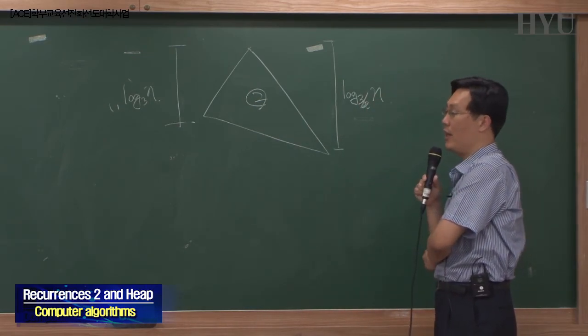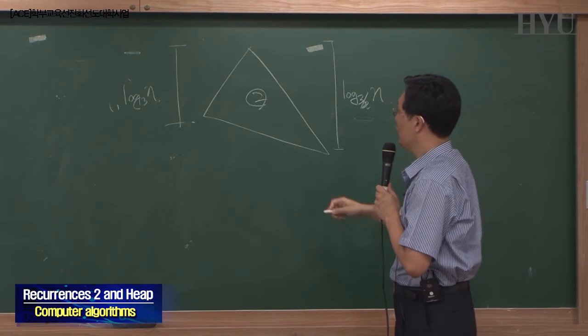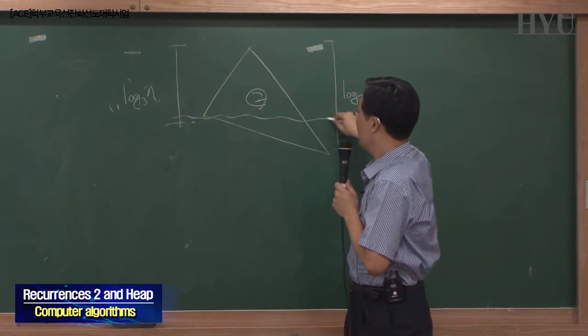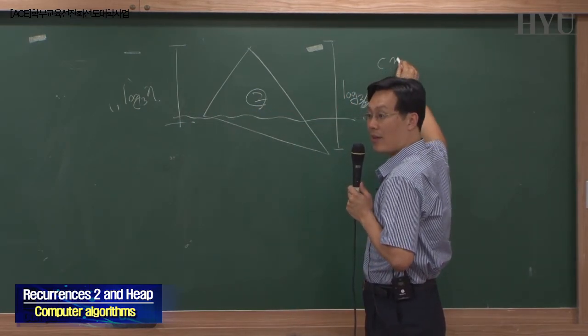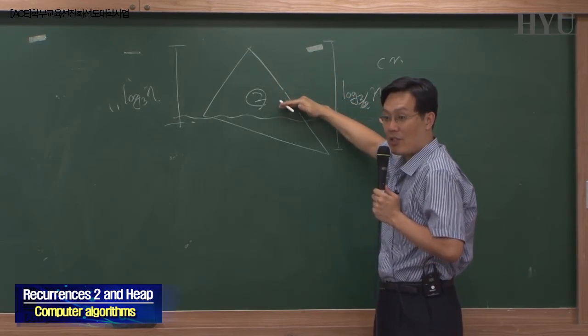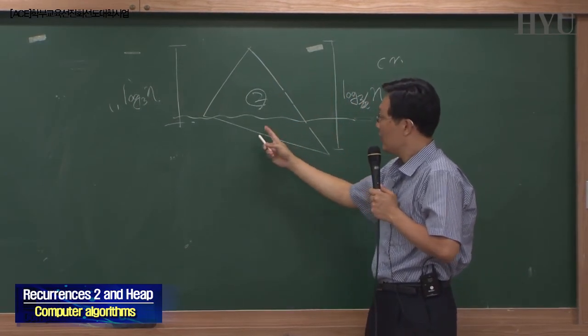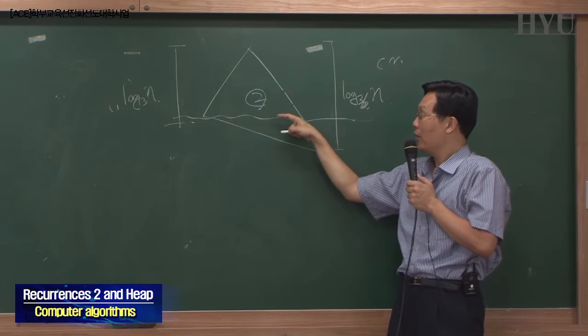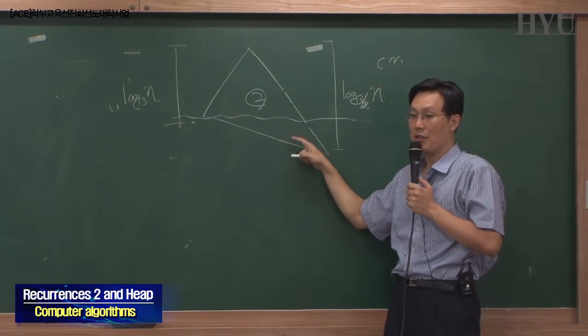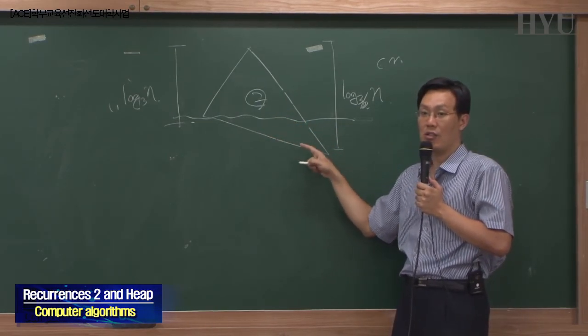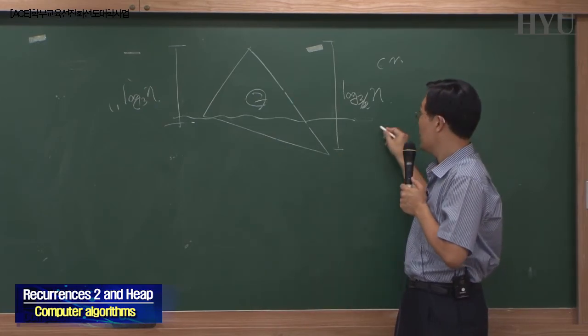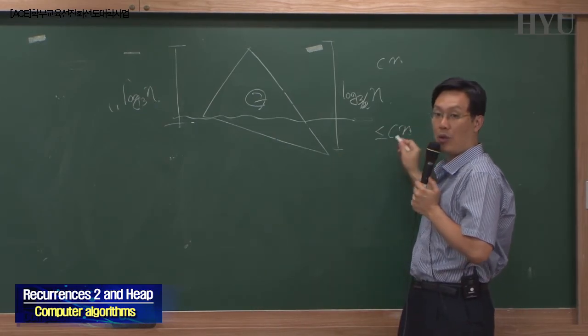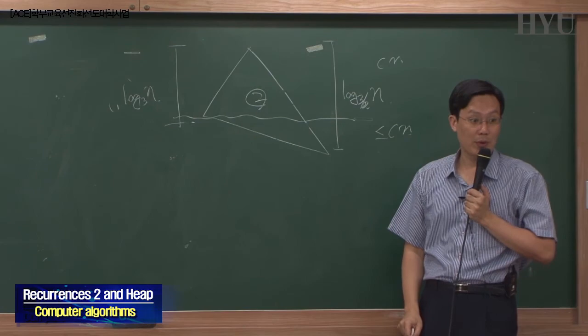Okay, so up to here, it's Cn at each level. But below this level, the sum of each level is less than or equal to Cn.